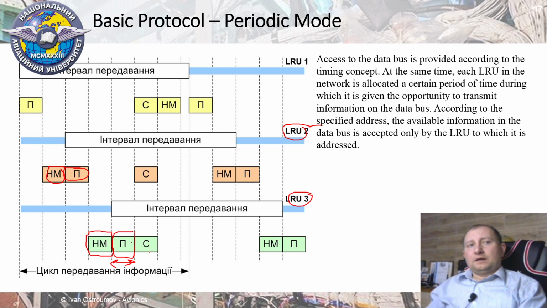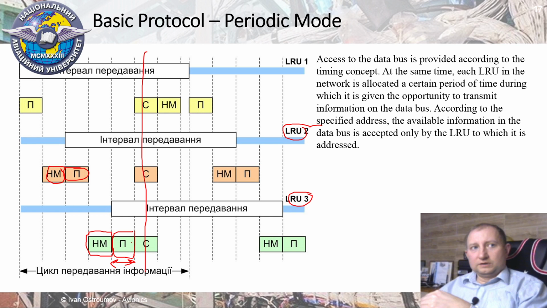Thus, at a specific time we get synchronization of all equipment and all microschemes of ARINC 629, and then we count slots of time for each LRU after this synchronization. This is the main idea of transferring data in ARINC 629.